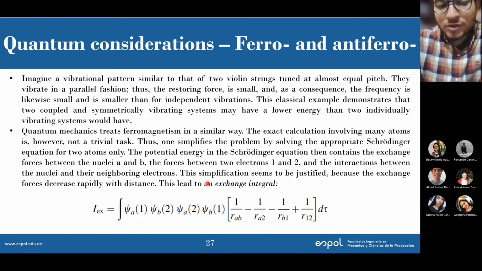So if you want to really understand this, because you see here positive and negative values: if you have an exchange integral that is positive, that means that parallel spins are energetically more favorable than anti-parallel spins. Why? Because you can see it will be positive if the distance between electrons is small.